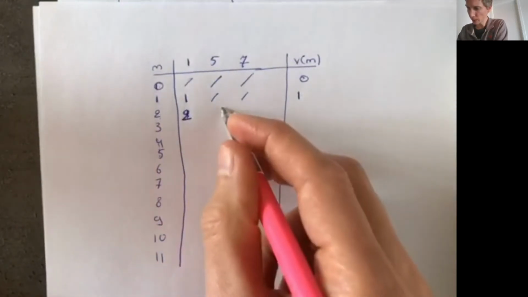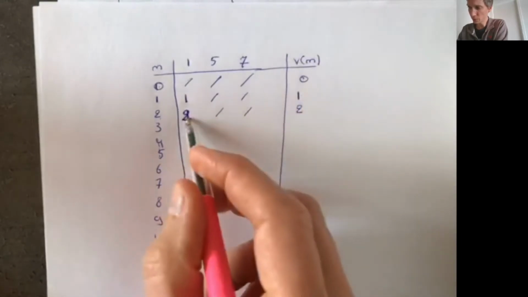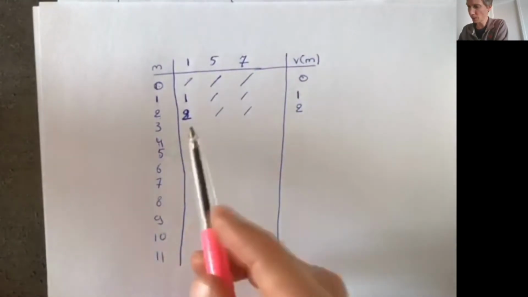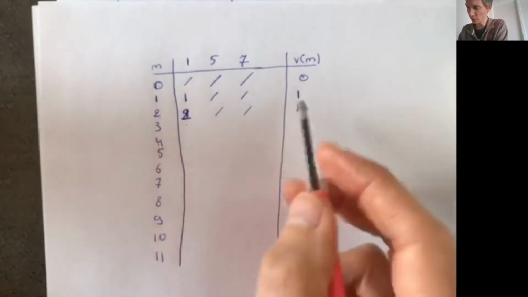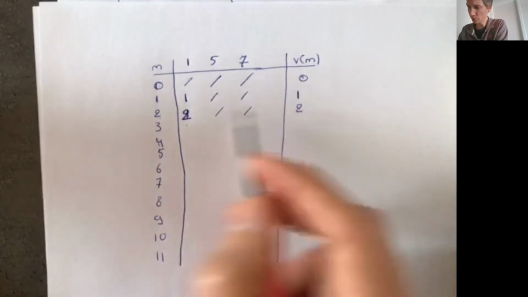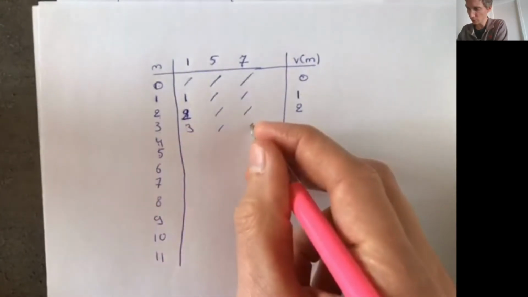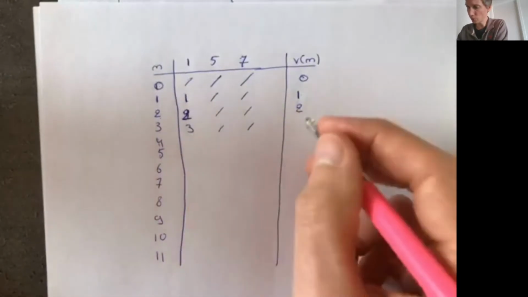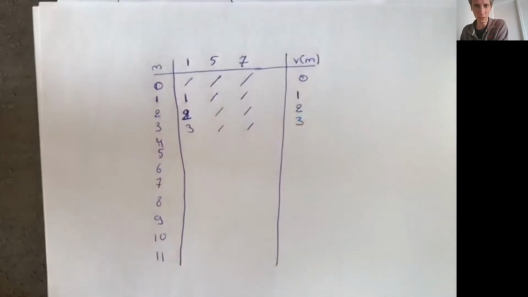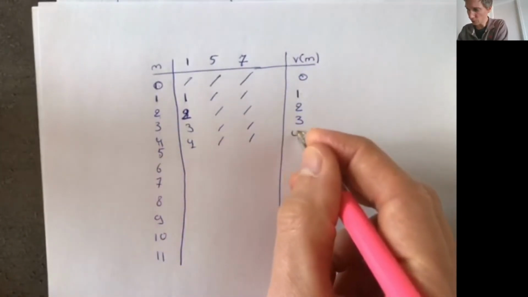For 2, I cannot use the 5 and I cannot use the 7, so the minimum number of coins that I need to use is 2, which is this number here. If I need to repay 3, I can use the 1-cent coin, then I still have to use 2 coins to repay 2, so this is going to be equal to 3. All these base cases are very boring because I can only use 1 coin. So I use 3 coins here to pay back 4. I'm going to have to use 4 coins.